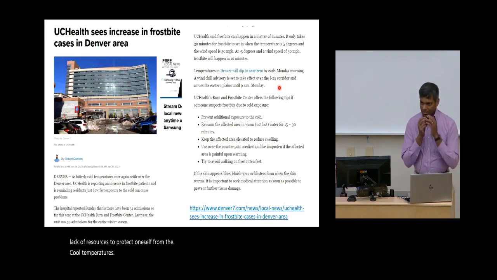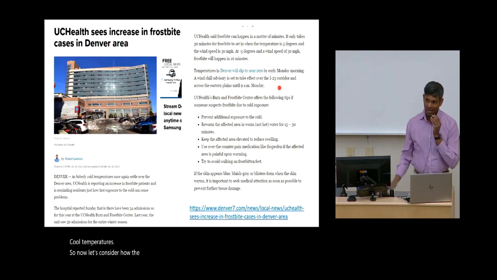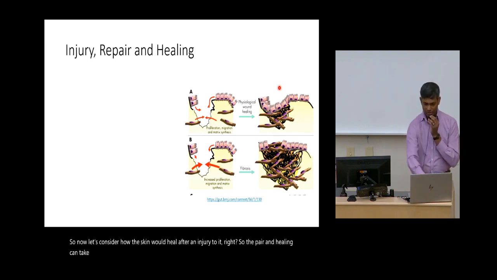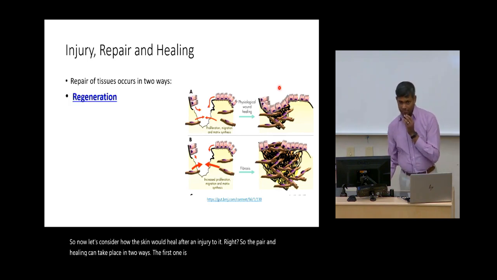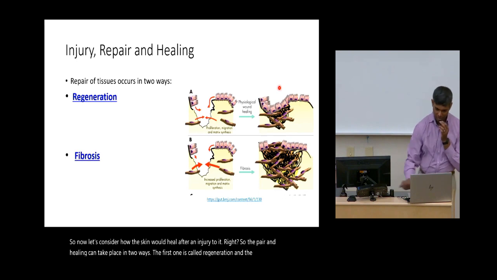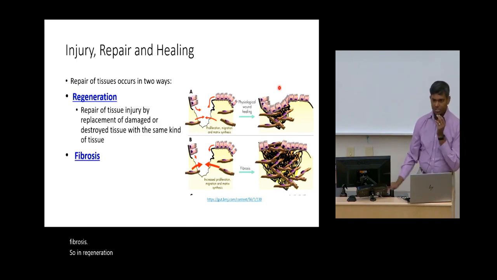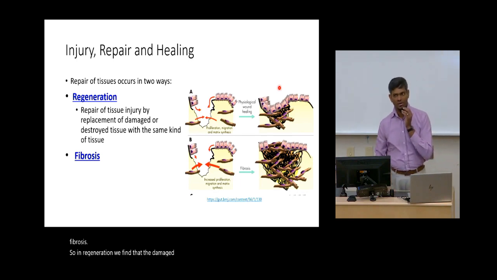So now let's consider how the skin would heal after an injury to it, right? The repair and healing can take place in two ways. The first one is called regeneration, and the next one is fibrosis. In regeneration, the damaged tissue is replaced with the same type of tissue.